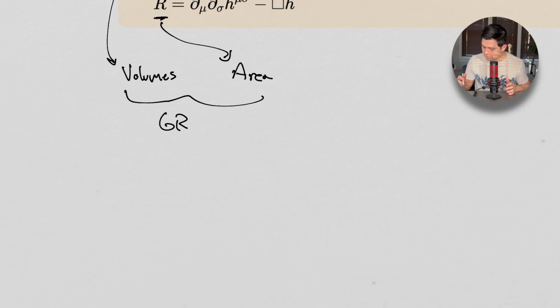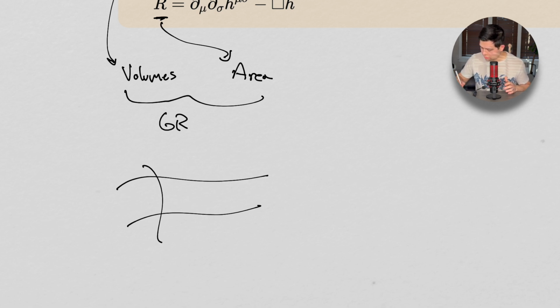Volumes, you can identify a volume with two vectors, right? Here's our manifold. And at some point P, you have some volume element, okay?